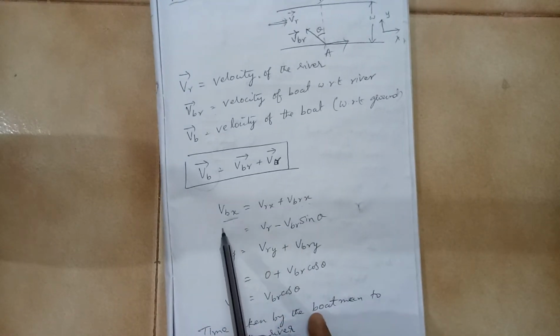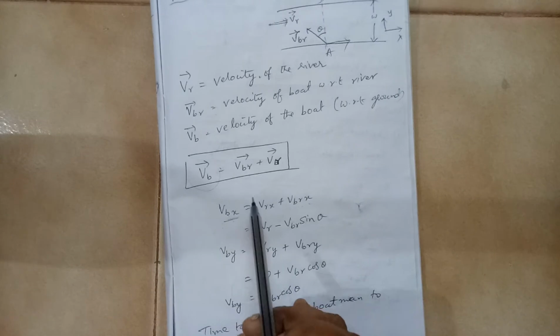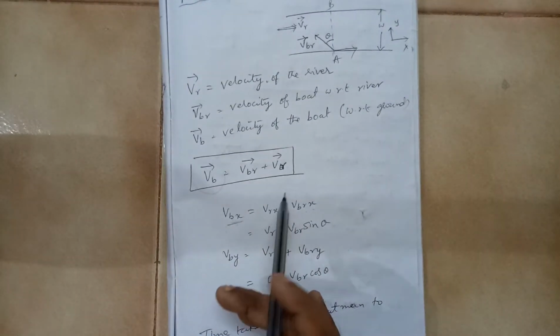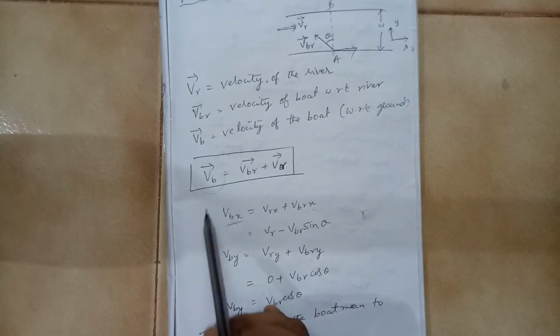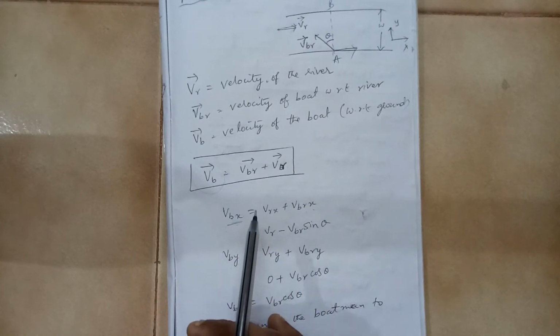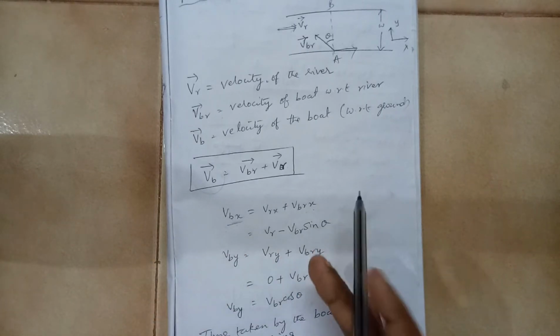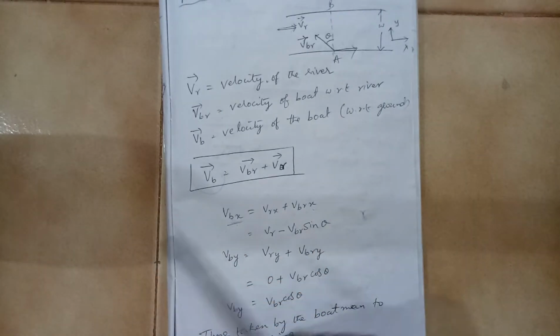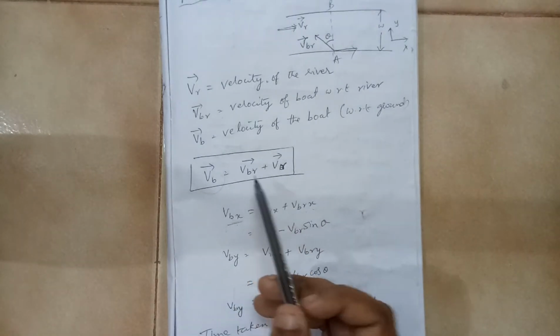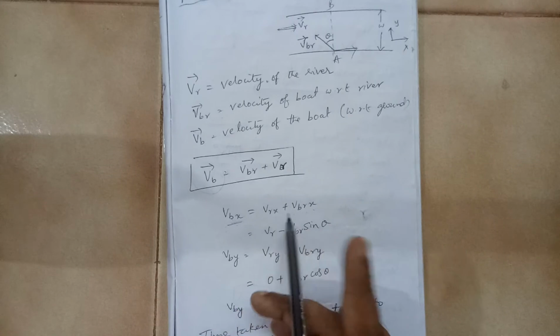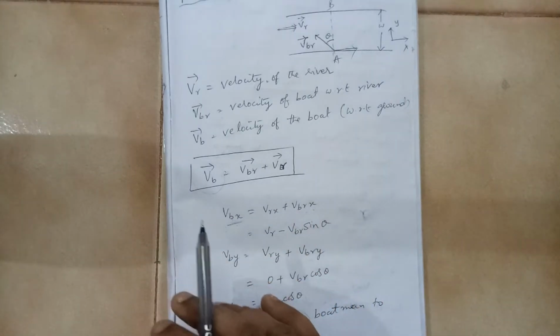We have done a problem on that; if you have referred to my previous videos, I have done a numerical on that. To find a resultant, you find all the x components, all the y components, and then the resultant: sigma x, sigma y, and root over sigma x square plus sigma y square.